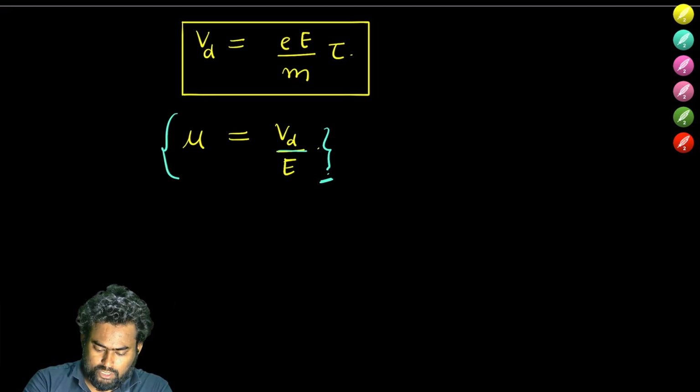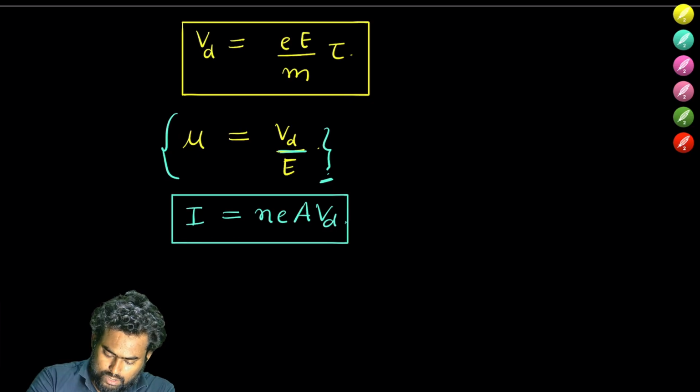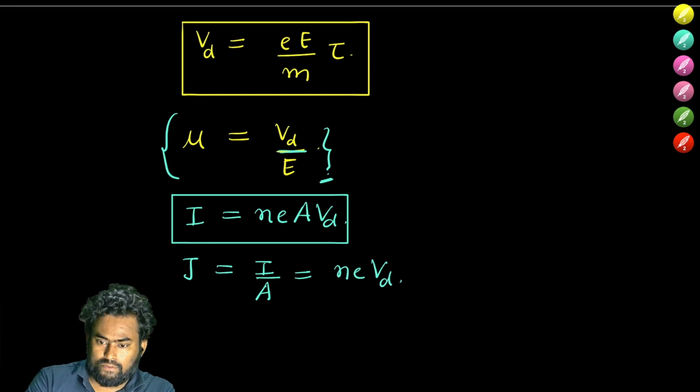Now the current relation is I equals n e A v_d. Current per unit area is current density, so it will become n e into drift velocity.